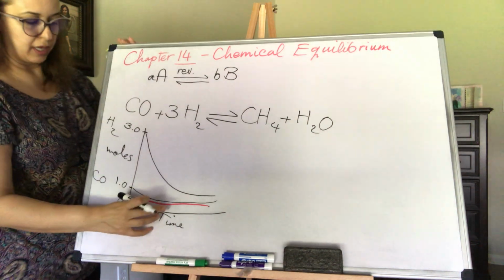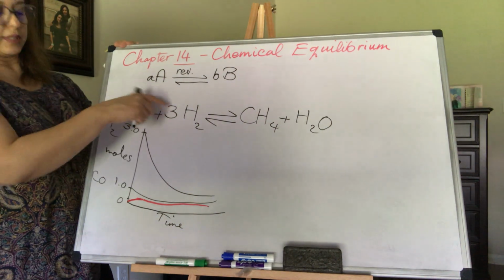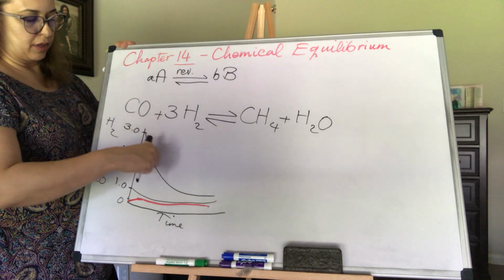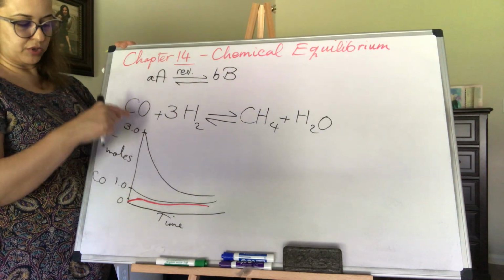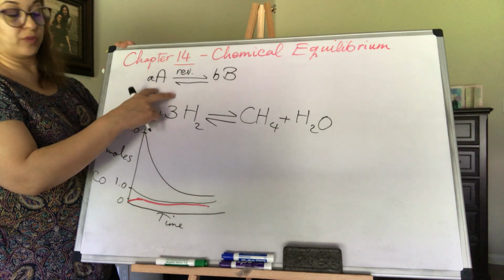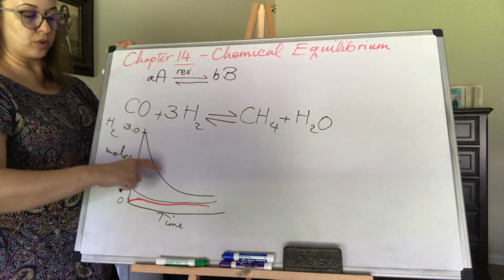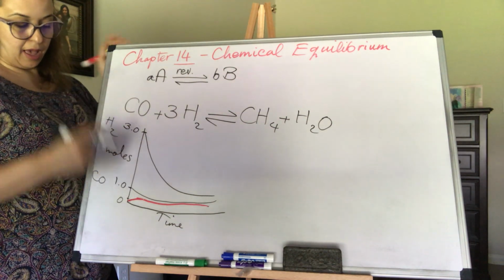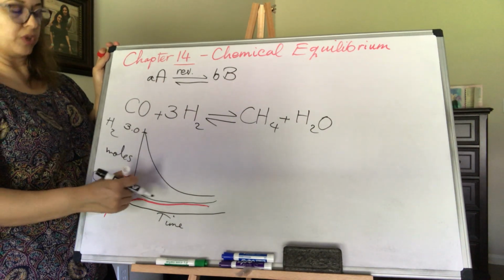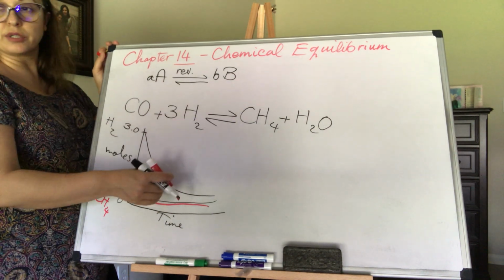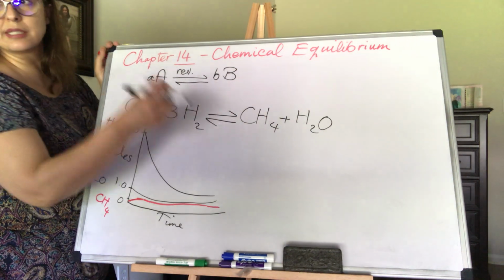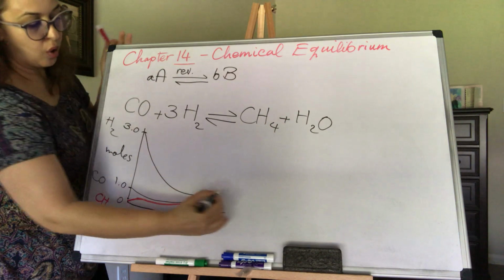So basically, in a nutshell, what this graph is telling us is that the concentrations of hydrogen and carbon monoxide, which were the reactants, are going to decrease eventually, and the concentration of CH4, which is the product, is going to increase, but they all get to the steady state, which is called equilibrium.